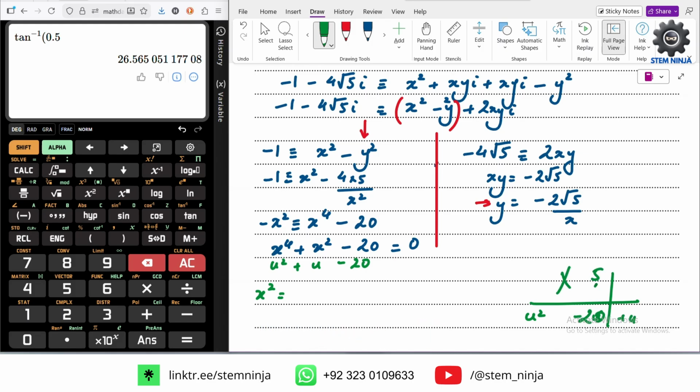So 5 and 4 will give us the answer. But which one of them is negative? Since we need a positive u, 5u minus 4u will be the right answer. So you have x squared plus 5 or x squared minus 4 being equal to 0.